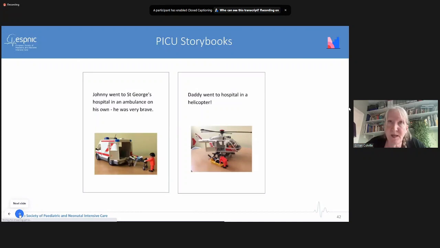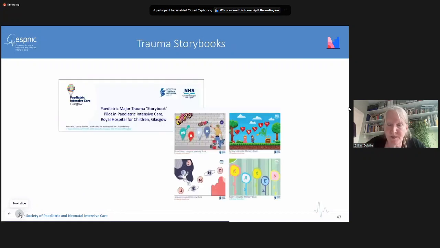And in my mind, that's a kind of diary, but directed at the child rather than the parents. The Scottish Trauma Network also now do this with their pediatric patients and make individual books to help them understand what happened in their accident. Next slide.